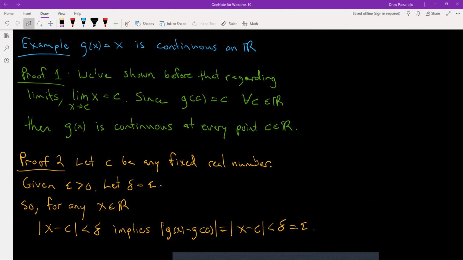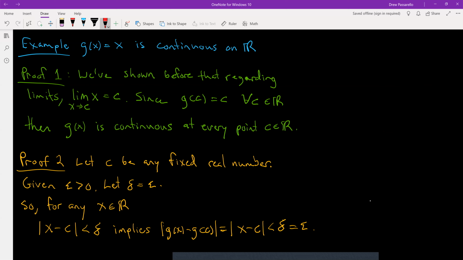Now, if I try to use the delta epsilon definition for continuity, this is how you would do it. So for proof 2, you just let c be any fixed real number, given epsilon. If we pick delta to be equal to epsilon, then we have for any x in the reals, the absolute value of x minus c less than delta implies that we have the absolute value of g of x minus g of c, which evaluated for each of those is x minus c.